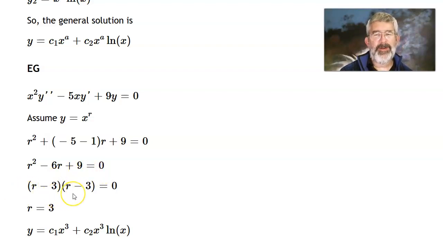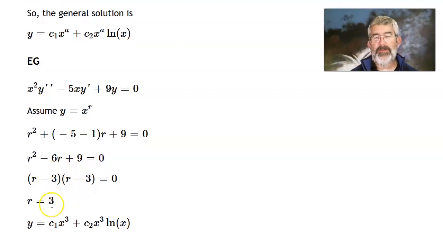This factors into r minus 3 and r minus 3, so r equals 3 is the only solution to that quadratic equation, so x to the 3 is a solution to the differential equation. And what we just did above is to say that the other solution is x cubed times log x. So there's the general solution to this equation: c1 x cubed plus c2 x cubed log x. That would be natural log of x, of course.